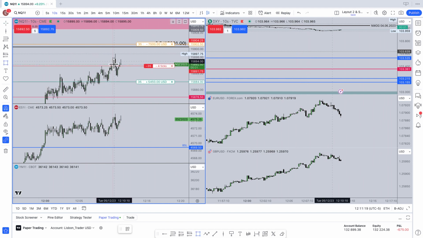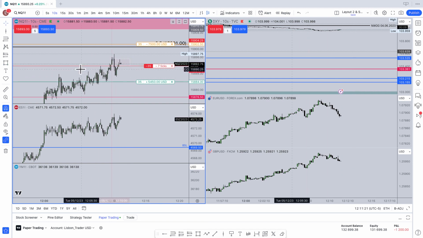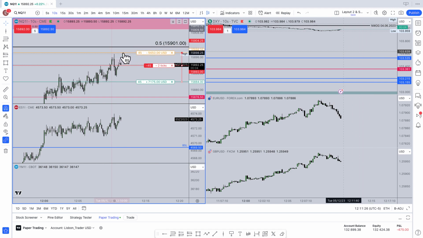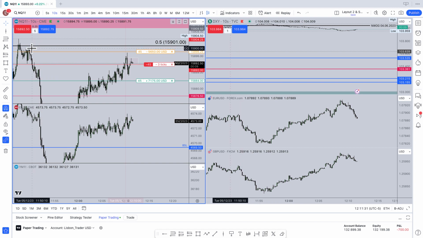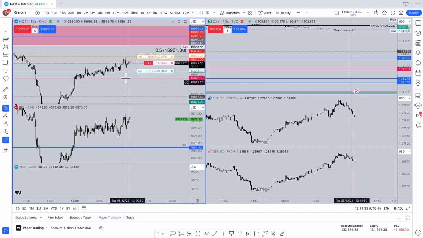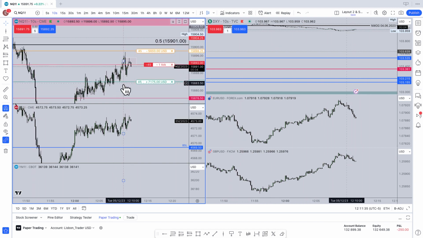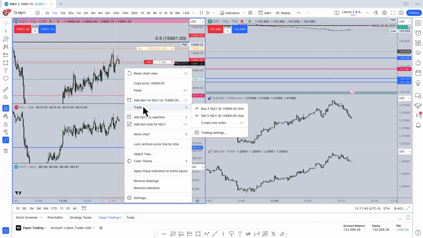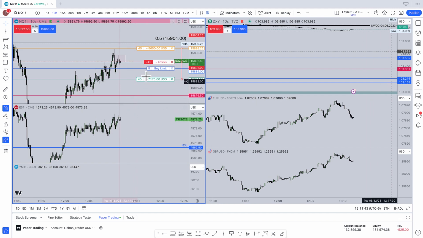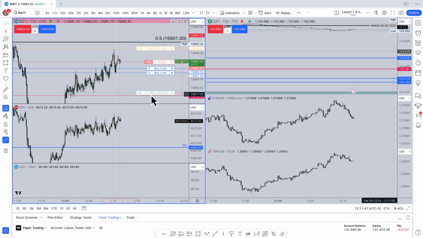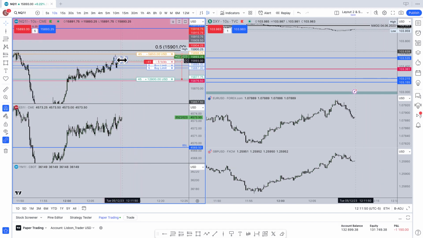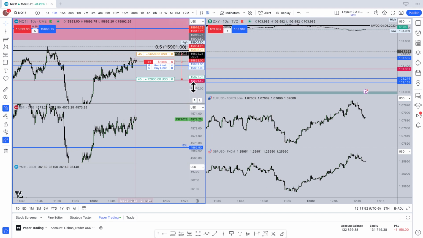There's this 10-second fair value gap. Do not want to break this top. Start selling from this onwards, so 12.11. So there's 2-1 risk.